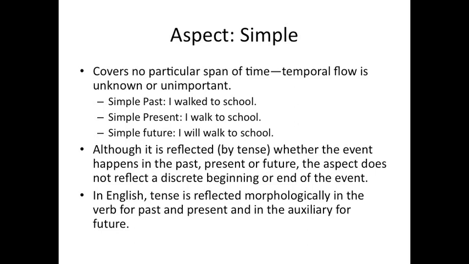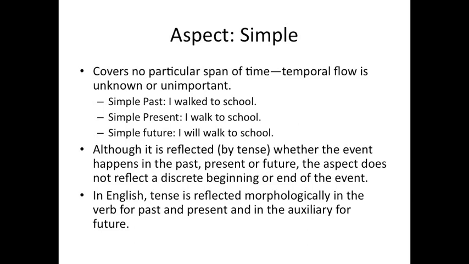Now notice in English, tense is reflected morphologically in the verb for past and present. So you have the ed morpheme reflecting past. And for the present, we have the s marking the present. Now here it's in the first person, so the s doesn't come up, but he, she, it walks, right?